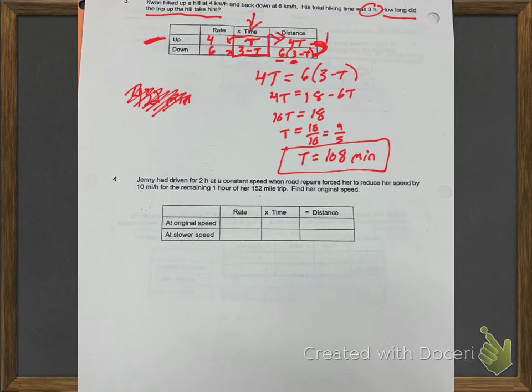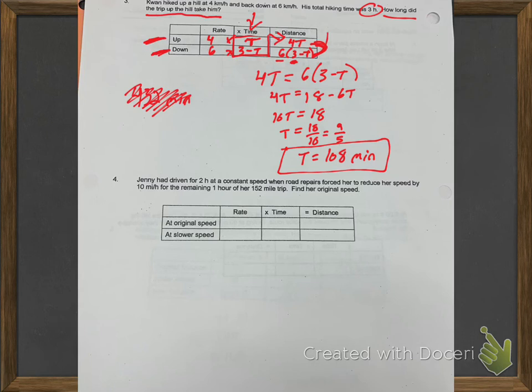Now, if I needed to see what it would be to go down, I would do 3 minus T. So what you can do is see how many minutes that is. So that'd be 108 minutes divided by 60 to put it in hours, so it'll be 1.8.